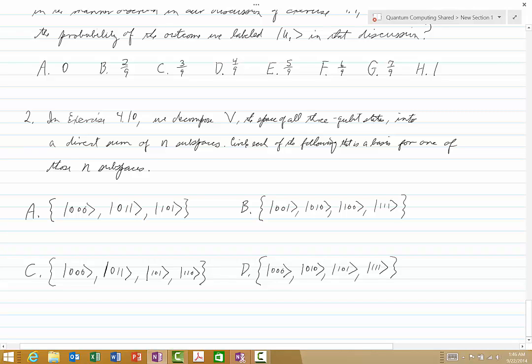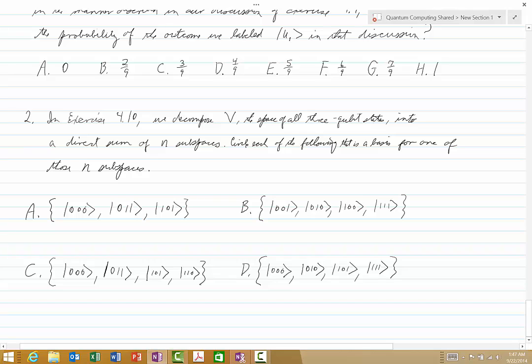Okay, so I'm not going to tell you what n is. You need to decide from the description of the problem how many subspaces there are into which you want to decompose V. You'll write V as a direct sum of those subspaces once you've identified them. And then what I'm asking you, so for instance, you might have S1 plus S2 plus S3 plus S4, let's say.